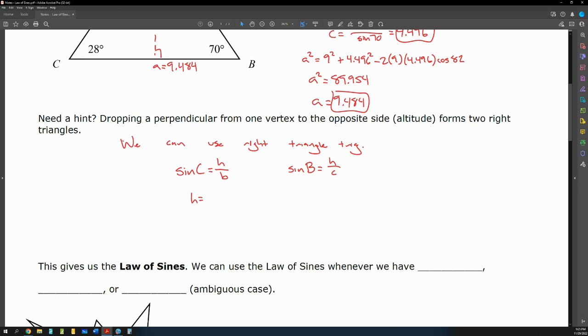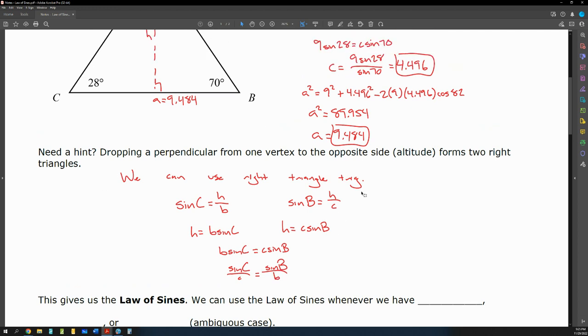So we got h is equal to b sine of C, and h is equal to c sine of B. Well, if we set these equal to each other, we have b sine of C equals c sine of B. If we divide both sides by b and by c, then we get that the sine of C over side length c is equal to the sine of B over side length b.